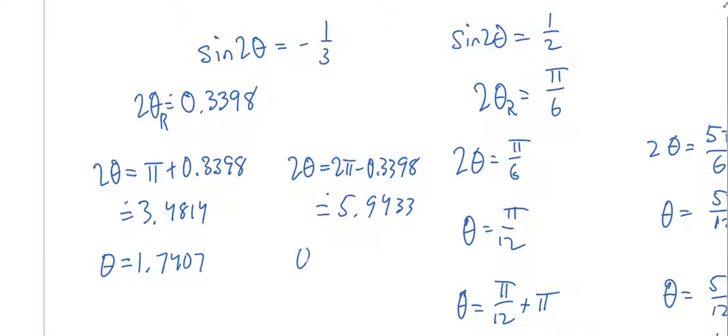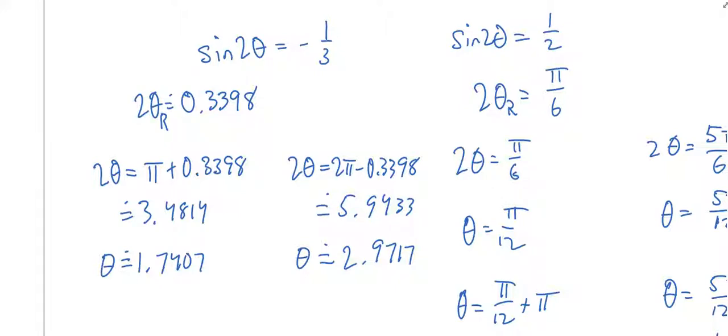Stop me if I'm going too fast or anything, but this is all kind of simpler stuff. 2.9717. We're not done yet, because that's only 2 of them, and I've got to go find the other 2. How do I do that?